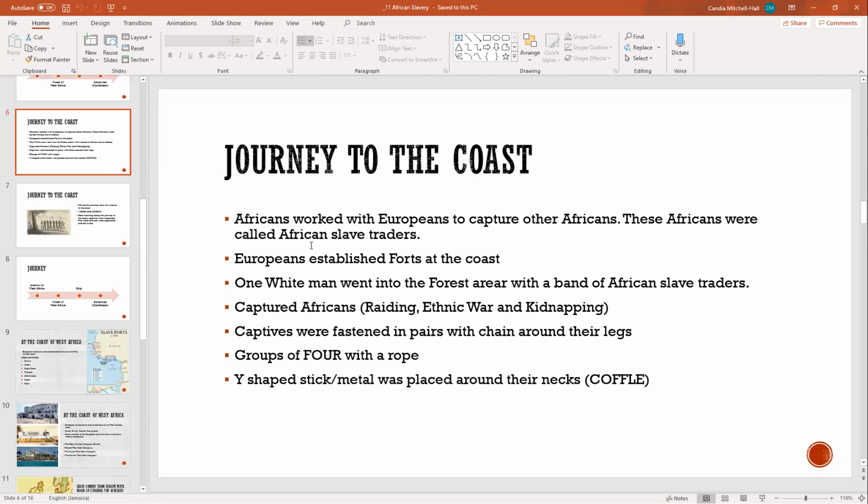And once they went in, they captured the Africans and fastened them in pairs, and then from pairs, they grouped them with rope or a chain in fours. That's how they allowed them to walk to the coast. A forked stick or metal was placed around their necks that was called a cuffle.